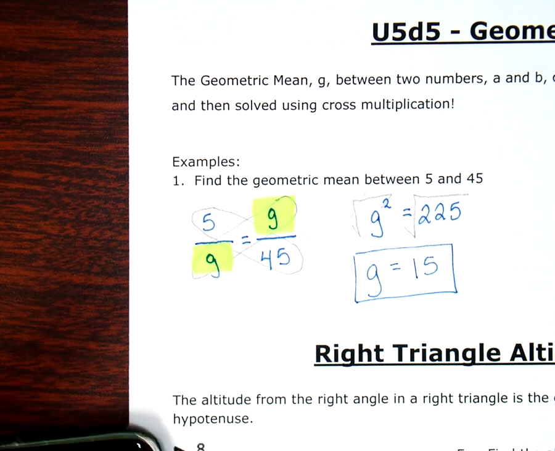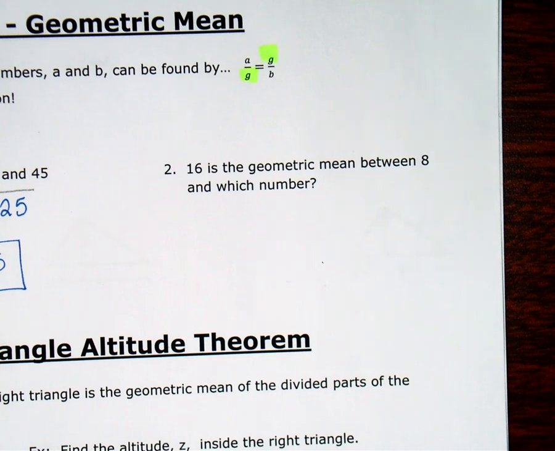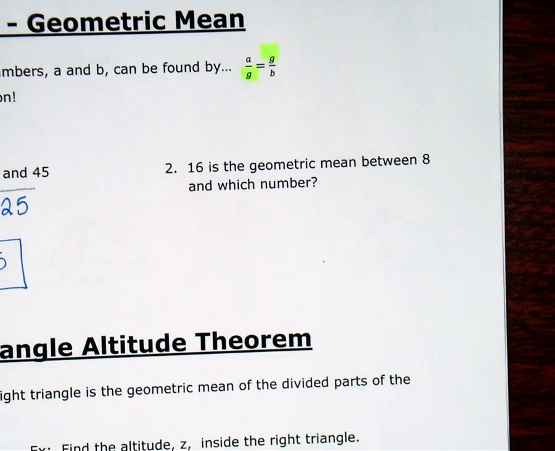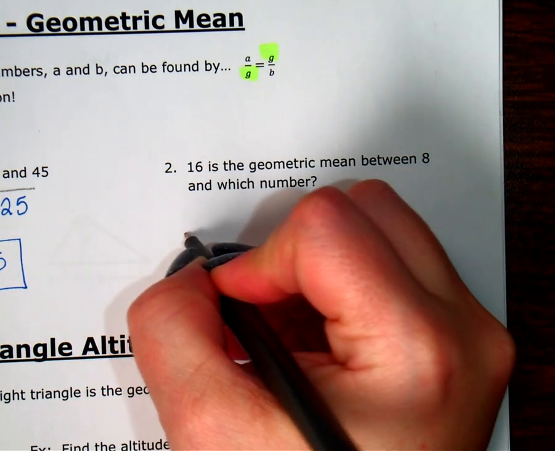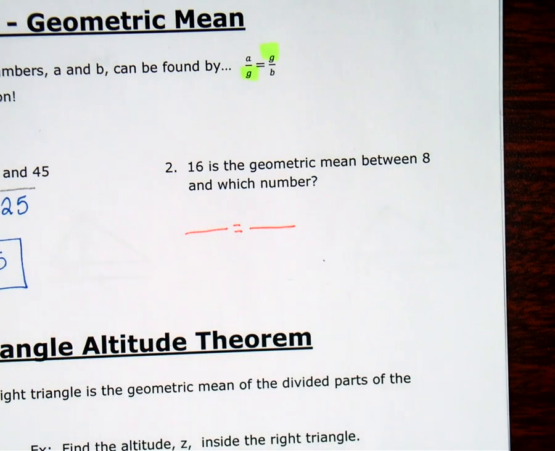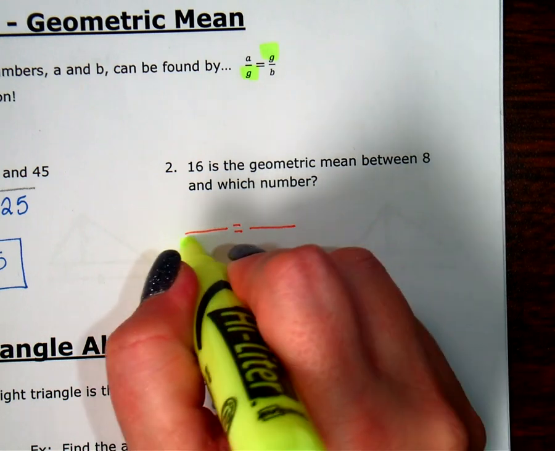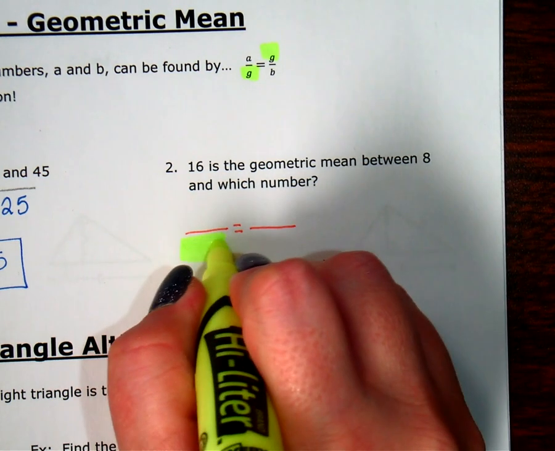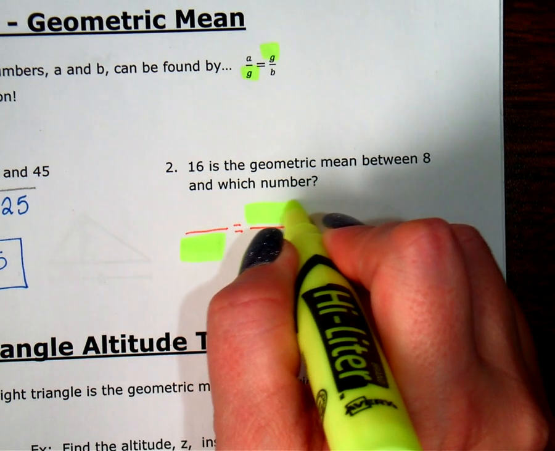Okay, let's do one more in this video. So my second example says 16 is the geometric mean between 8 and which number? So this time they've given me the geometric mean. So that means when I set up my proportion, here equals here, and then remember we're saying the geometric mean goes in the denominator of one side and the numerator of the other side.